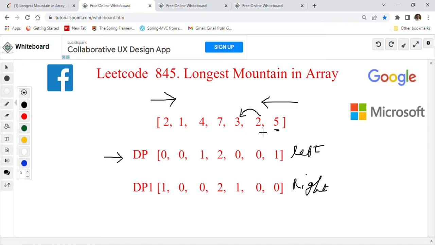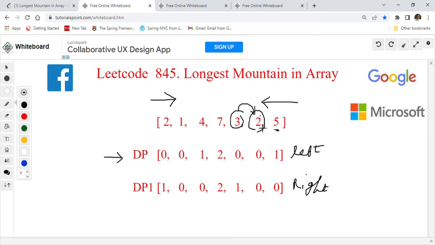Basically we wanted to check how many elements on the right side of this peak, right? This is the peak, so how many elements on the right side of the peak can contribute into our mountain array, right? So when we are checking each element, we have to check if this is smaller than this, right?